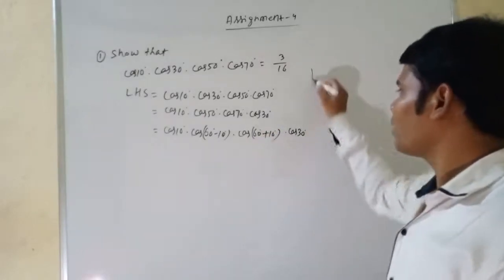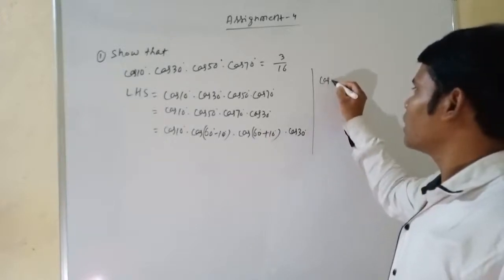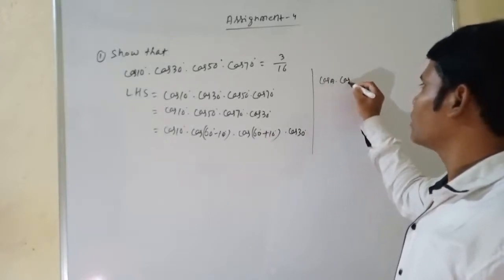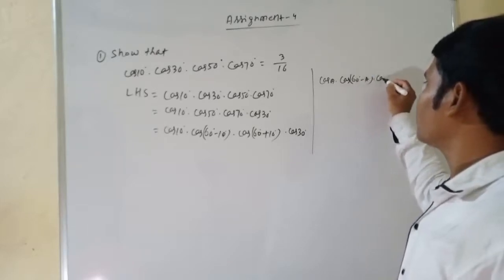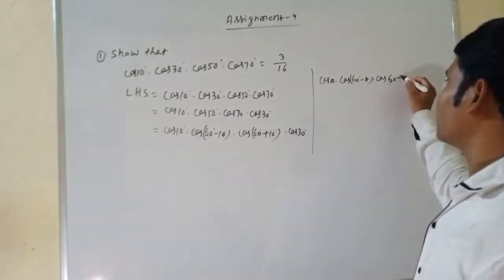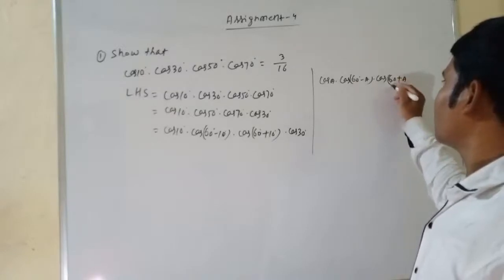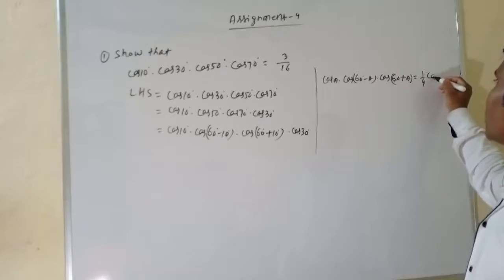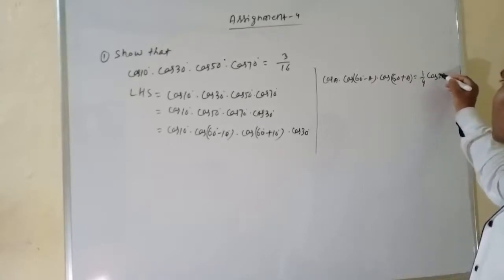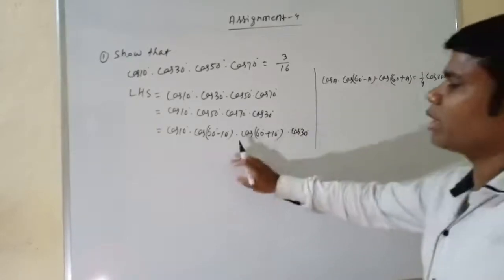There is a formula: cos A into cos 60 minus A into cos 60 plus A is equal to 1 by 4 cos 3A. Okay, you use this formula here.